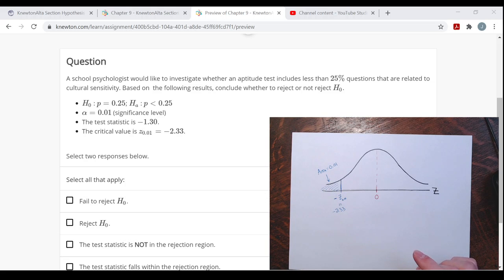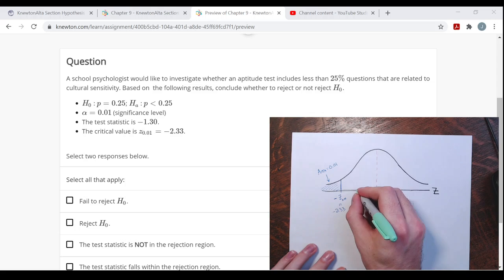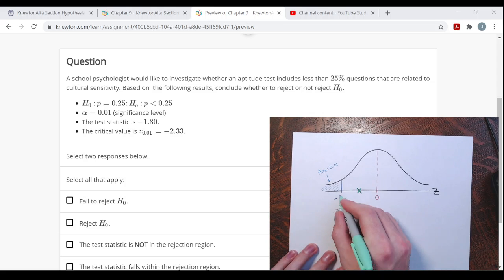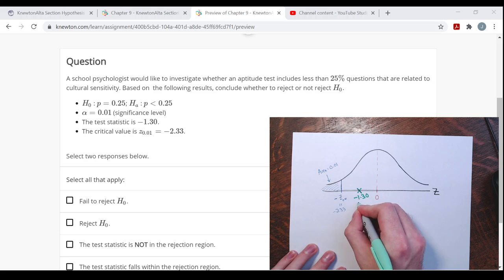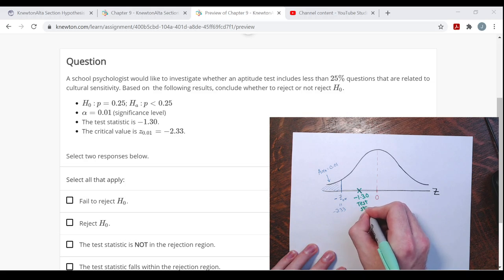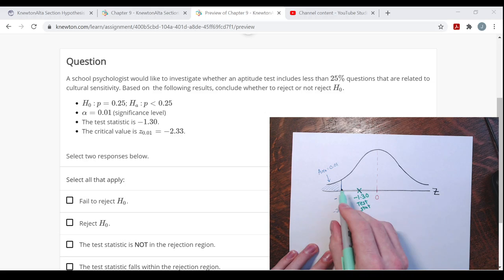Now our test statistic, they said, came at negative 1.3. Where is that? Negative 2.33 is here. Negative 1.30, there's our test stat. That is definitely not in the rejection region. It's not beyond this critical value of negative 2.33.